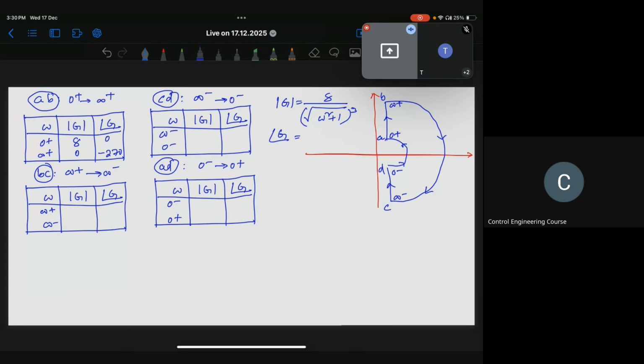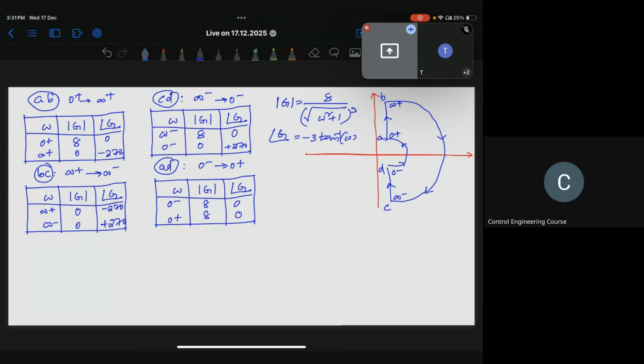Angle Z is minus 3 tan inverse omega. So that's why you'll get minus 270 here. And here also this will be 8, 0, 0, plus 270. And this one is minus 270. You'll get 0, 0, plus 270. This one is 8, 8, 0, 0. Okay, so that's what you get.